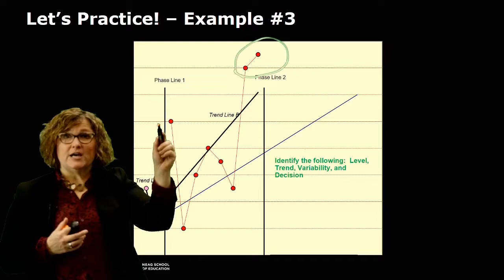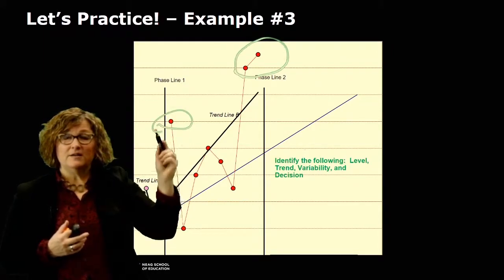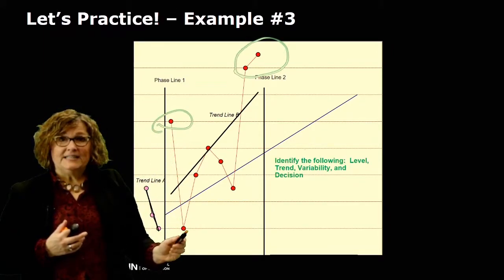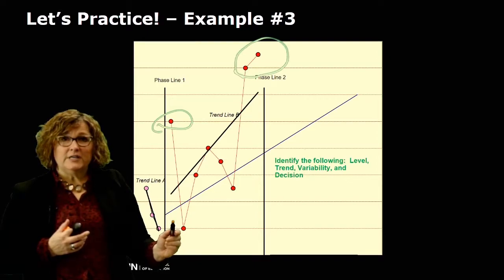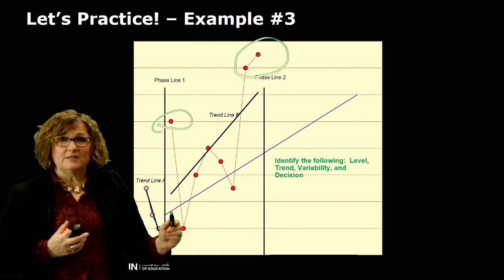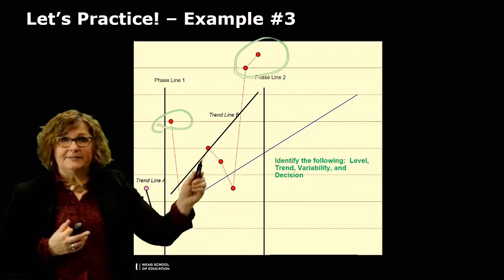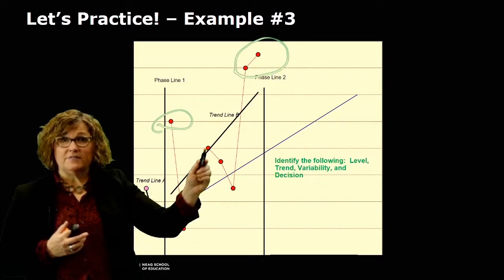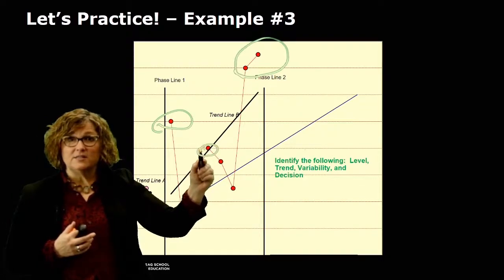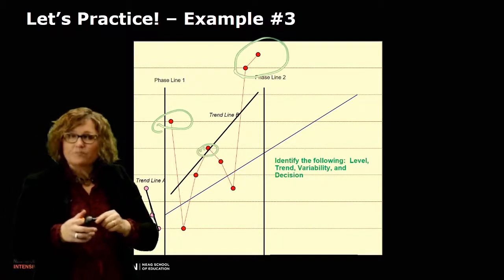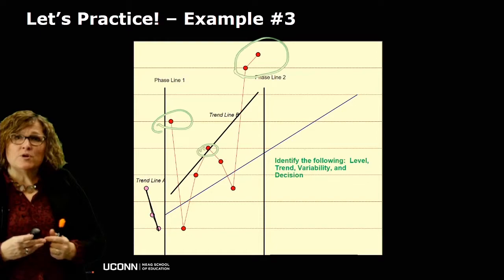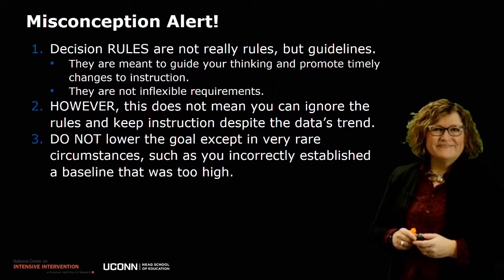You might suggest this one. This one is fairly close to the baseline data and to the goal line, so maybe not so extreme. In some cases, we might have even suggested in the past that this one is extreme. And so there are a few scores that we might have to eliminate.